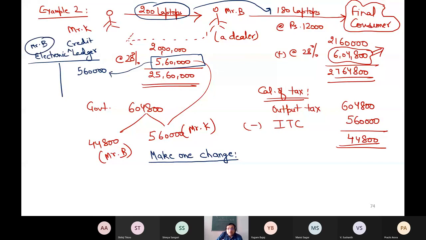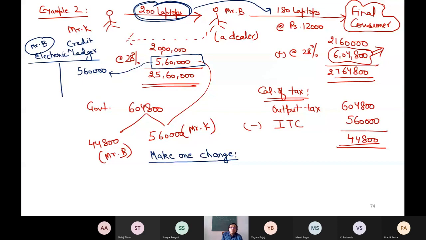It is not the logic that for these 200 laptops, this ITC will be allowed to Mr. B only when the same laptops are sold. Answer is no. It's not necessary that the same laptops are sold. There may be some laptops which were purchased some days before, etc. So ITC is not given only on goods-related basis.